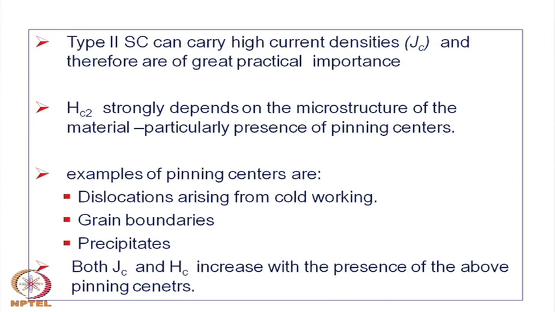So, particularly in presence of pinning centers, if you can somehow introduce some pinning centers which actually act as a barrier to the flux penetration through the material, then the value of Hc2 can be extended and the useful zone of magnetic field enhances. So, you have a better material. By introducing different kinds of pinning centers, one can really increase the Hc2 value.